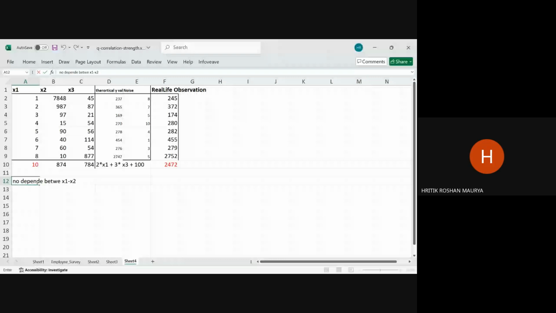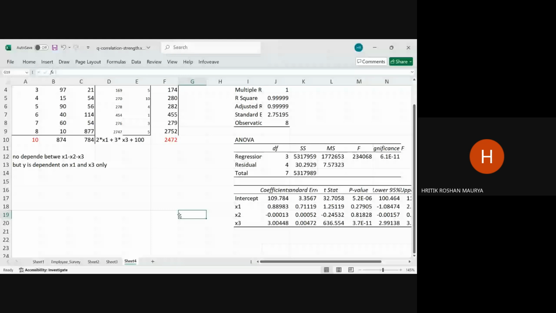So now there is no dependence between X1, X2, X3, but Y is dependent on X1 and X3. X2 has no implication. Now let's see the same thing, the regression.